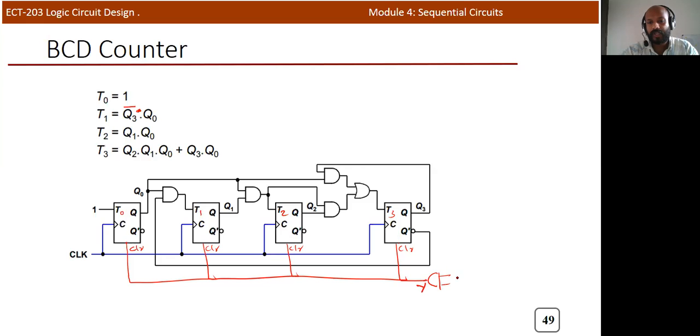In this case, you already identified that Q3 should be connected and Q0. When Q3, Q0 is equal to 1, 1, the Y output is equal to 1, and all flip-flops will be cleared. And again, it starts from the initial state. Okay, that's all about the BCD count.